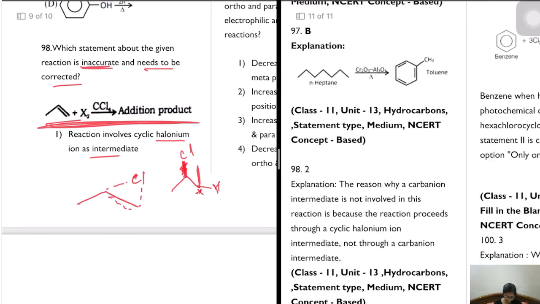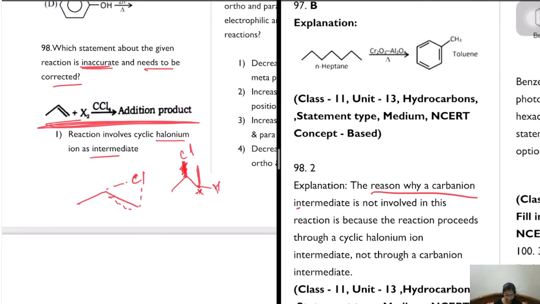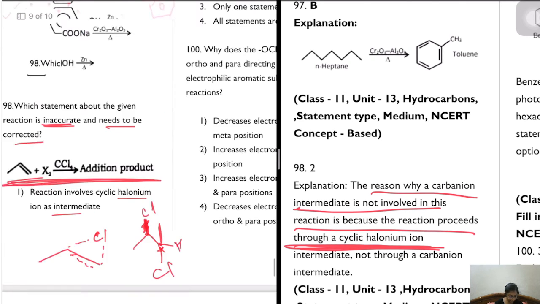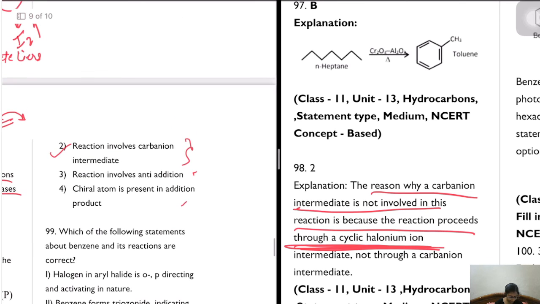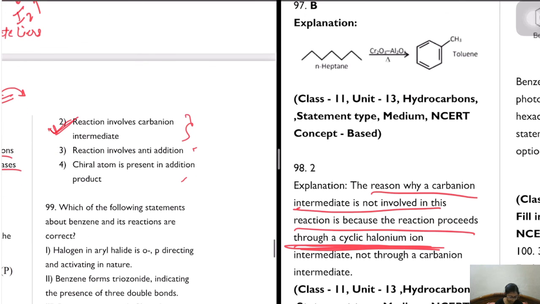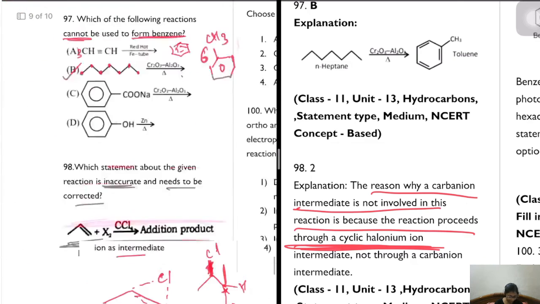The reason why a carbanion intermediate is not involved in this reaction is because it goes through cyclic halonium ion intermediate. Alright? So our answer would be second. Why?